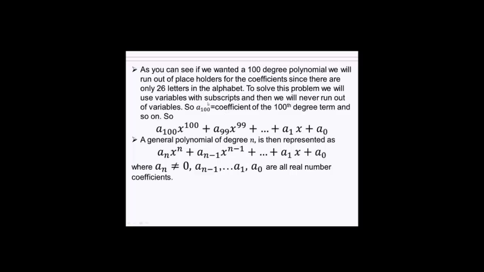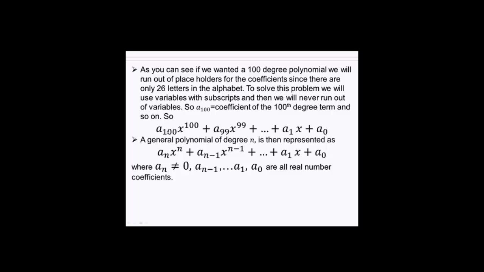So for example, if I wrote a subscript 100 and represent that as any real number coefficient of the 100th degree term, and so on, I will never run out of variables. I can say a1, a2, a3, a100, a1000. I can have thousands of variables, infinitely many variables.